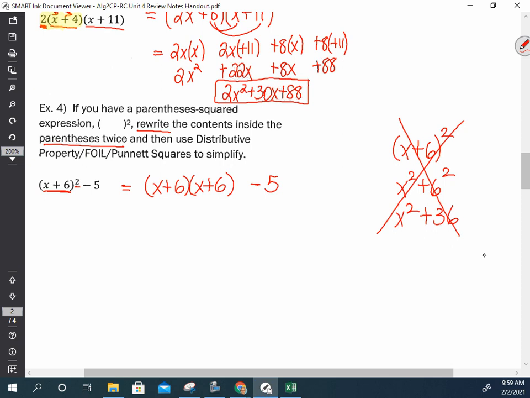Take the parentheses, write it twice, and then you solve it out. You have 2 sets of parentheses, so you can either use FOIL or distributive property. Either one works. So again, I'll solve it out using FOIL.